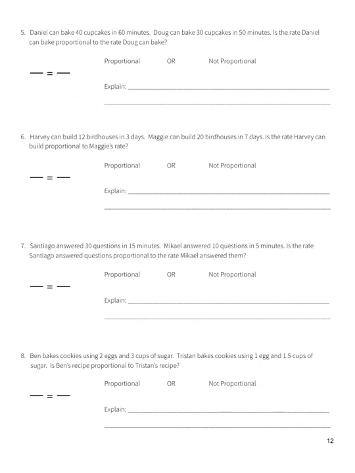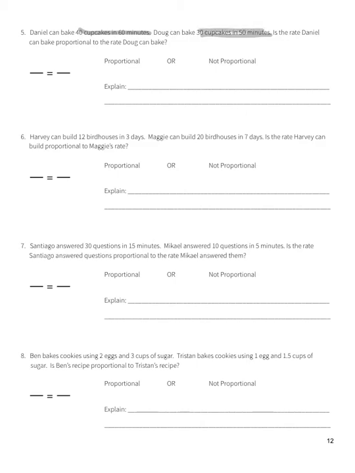All right, you have 4 more situations here. I am going to help you set up the first one, and then you're going to do the last 3 on your own. So Daniel can bake 40 cupcakes in 60 minutes, and Doug can bake 30 cupcakes in 50 minutes. Is the rate Daniel can bake proportional to the rate Doug can bake?